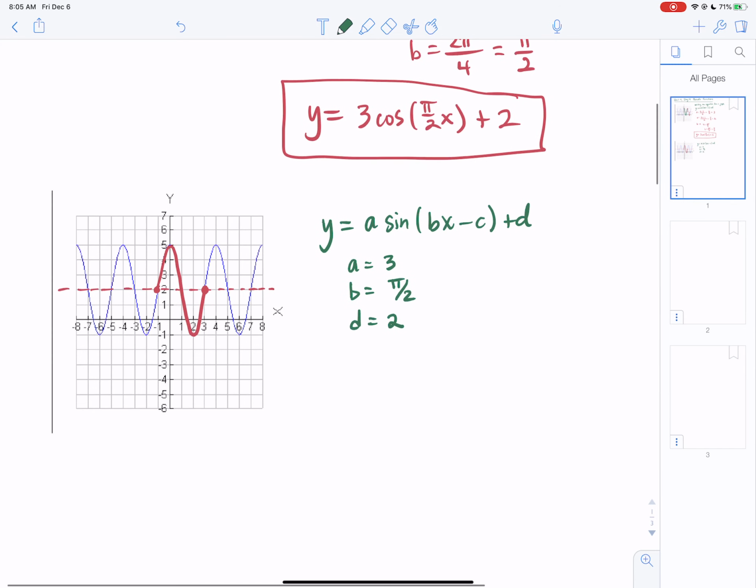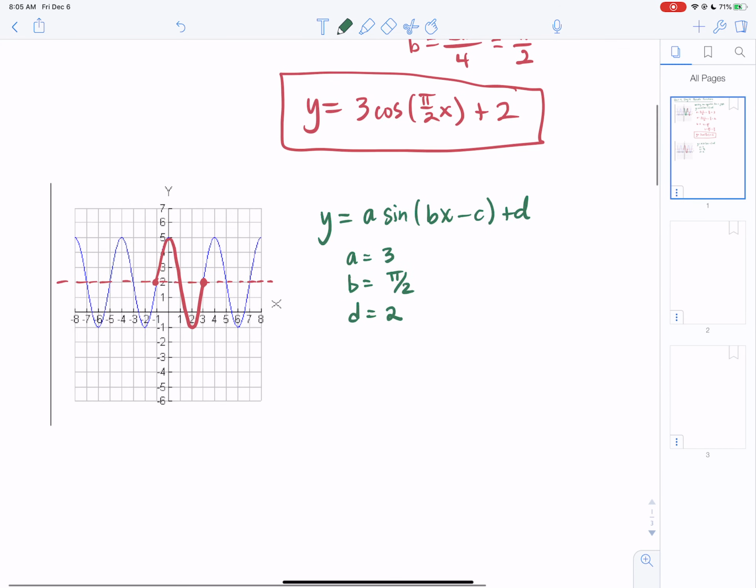And then the thing that's different here is because the beginning of your sine wave wasn't right on the y-axis, this does have a phase shift. The beginning of the sine wave started left 1 of your y-axis, so our phase shift is left 1.